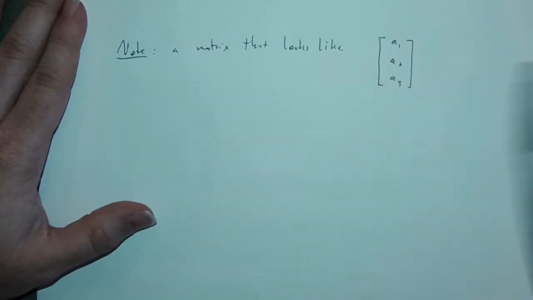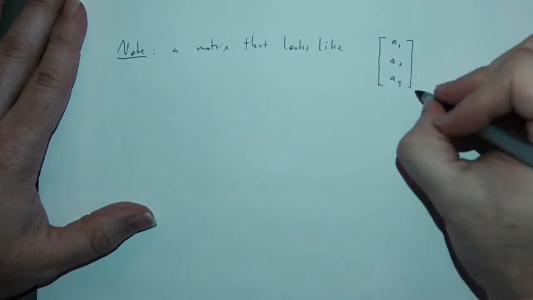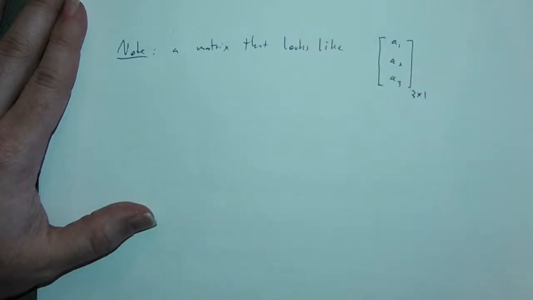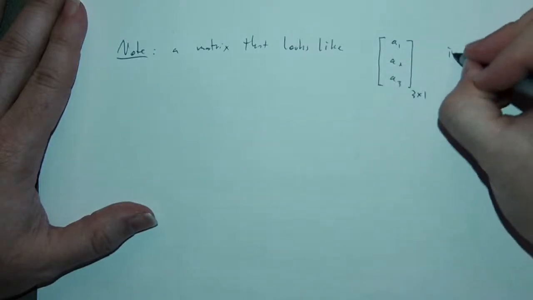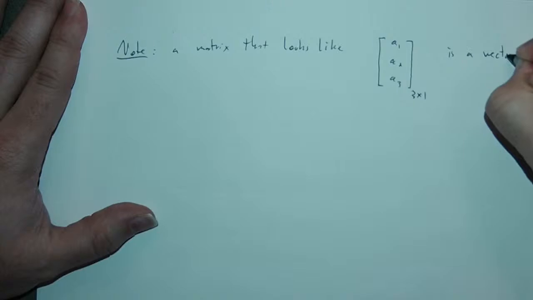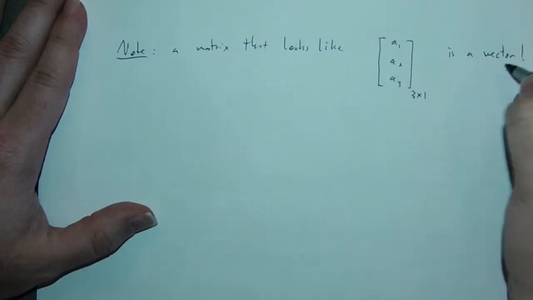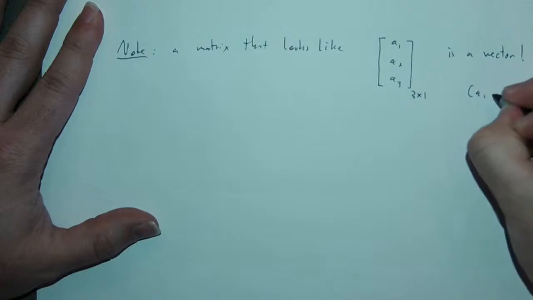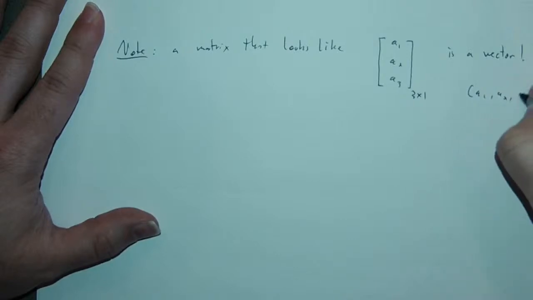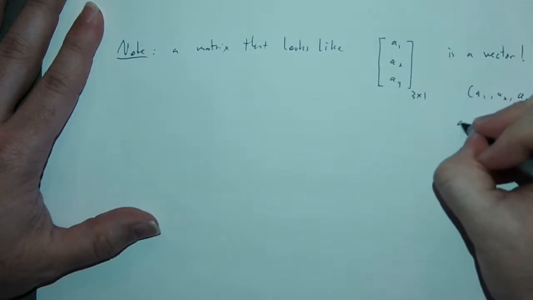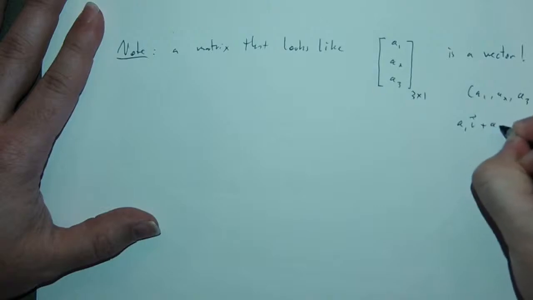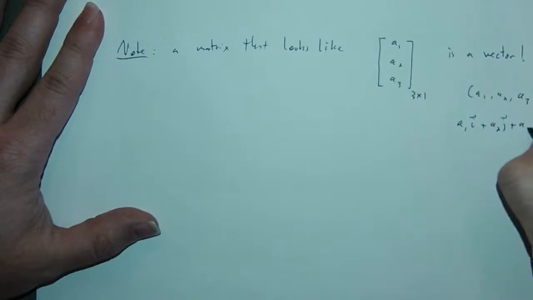So this is a matrix that has 3 rows and 1 column. Okay. This is a vector. What kind of vector is it? Well, this is the same as the vector A1, A2, A3, or the vector A1 i plus A2 j plus A3 k.